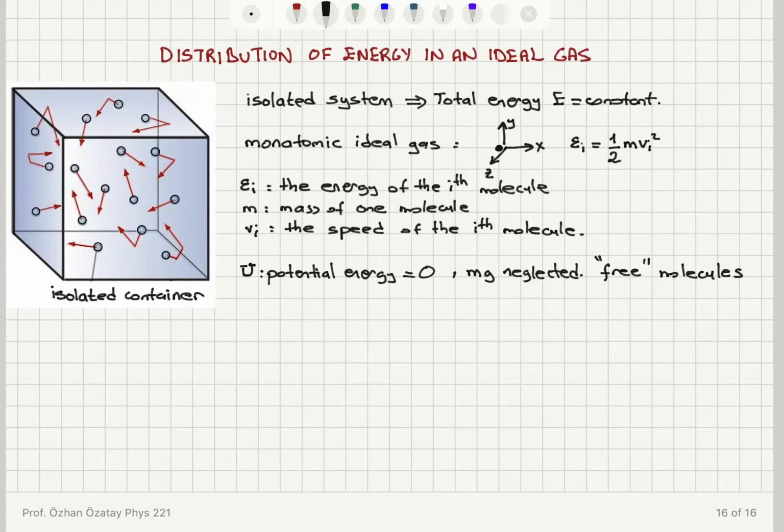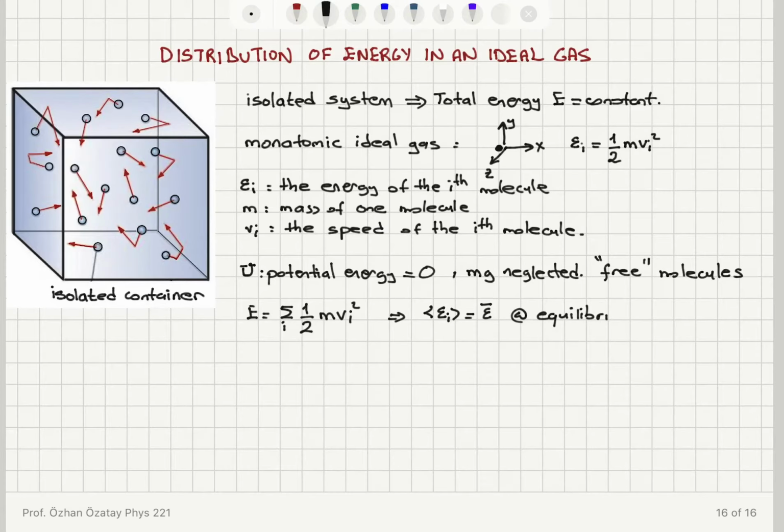So with this scenario, I have the total energy E of the system is the sum of the energies of all molecules, 1 over 2 m vi square. And if I ask myself what is the average energy of a molecule, it is epsilon bar, the average value of the energy of a molecule at equilibrium.